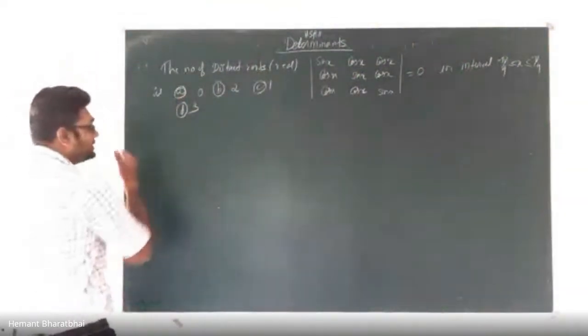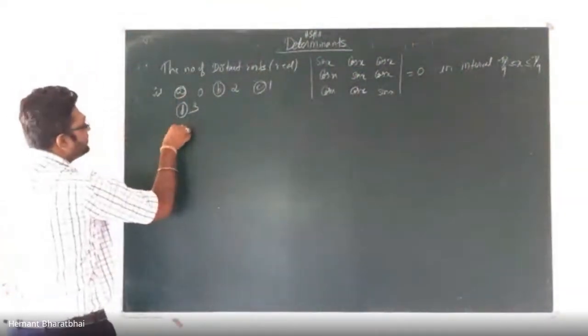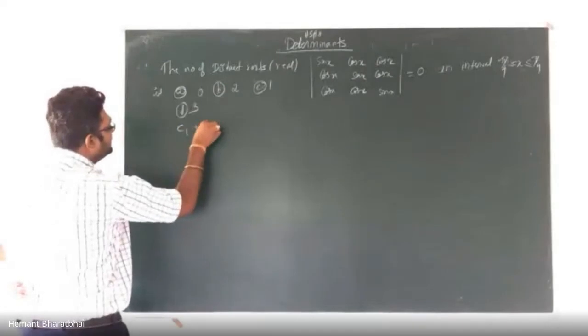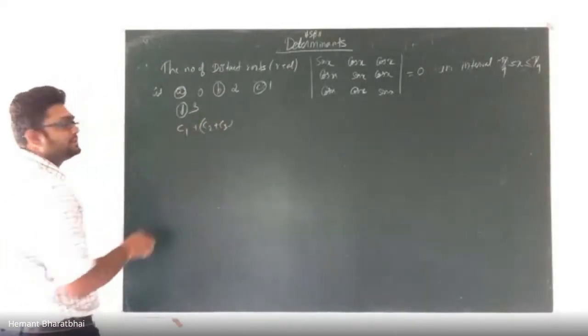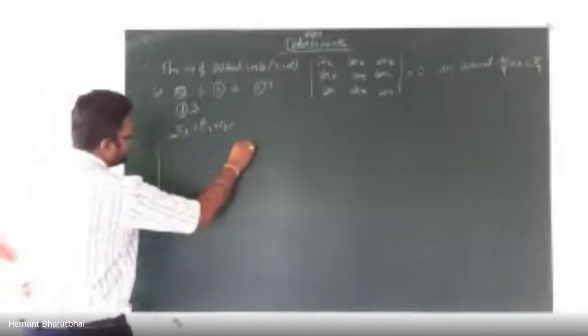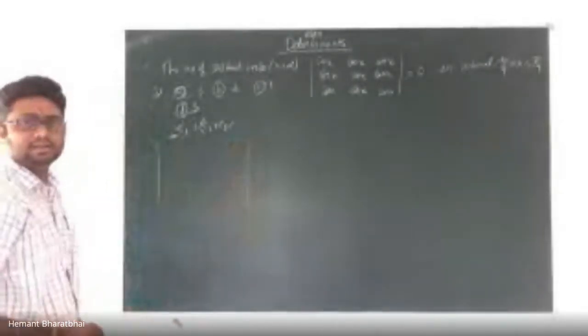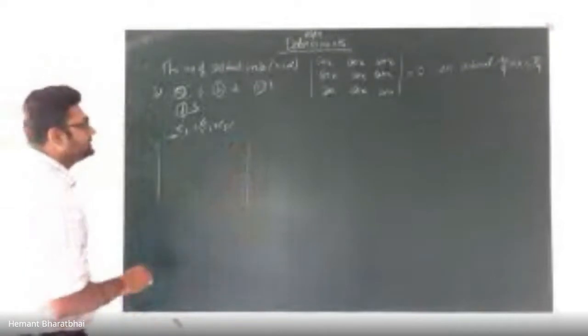I am going to do it by this method. I'm going to add C2 and C3 to column C1. The transformation is occurring only in column C1, therefore C2 and C3 will remain as they are.